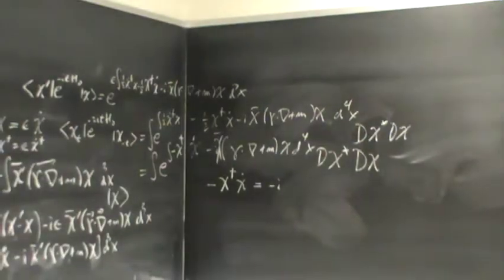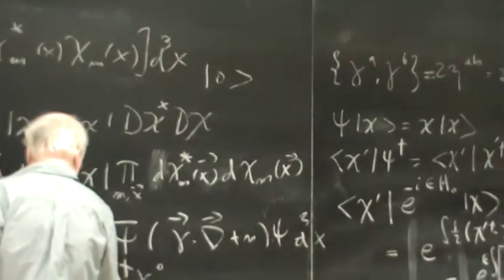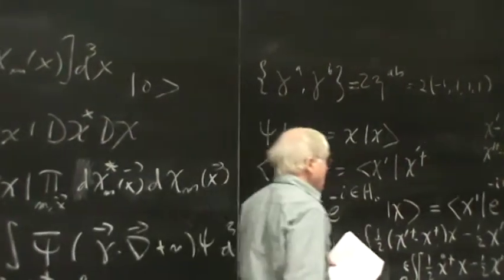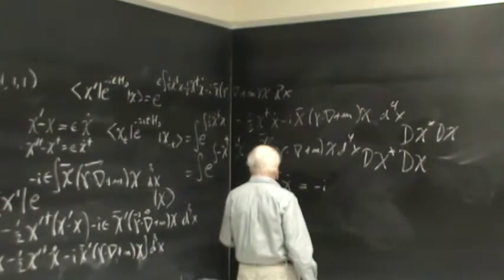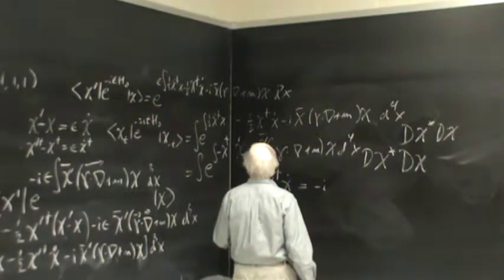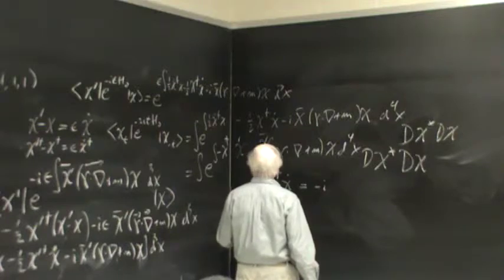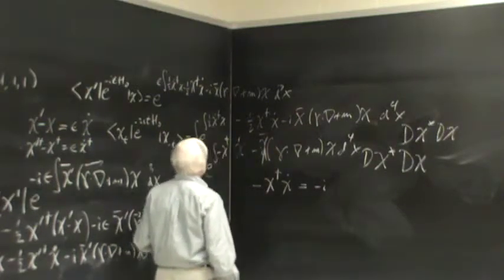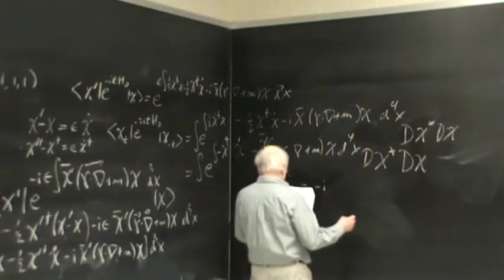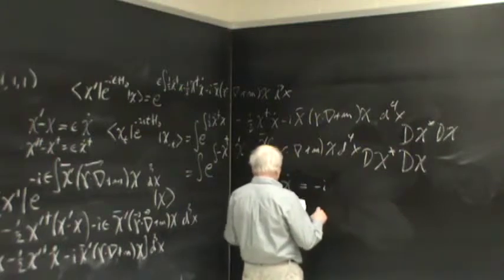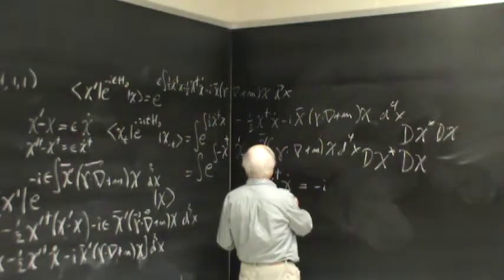Chi bar is an I here. I seem to have a minus sign, which is the last thing I want. All right, let's just try to get this straight. Minus chi bar chi dot is what I seem to have.